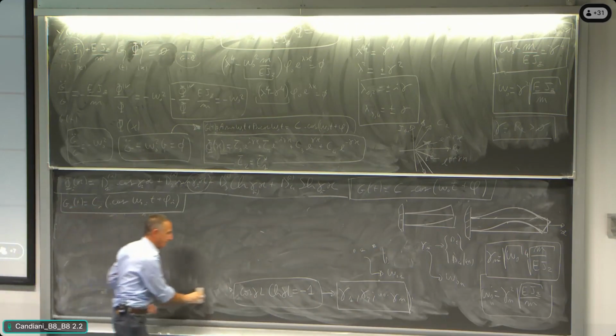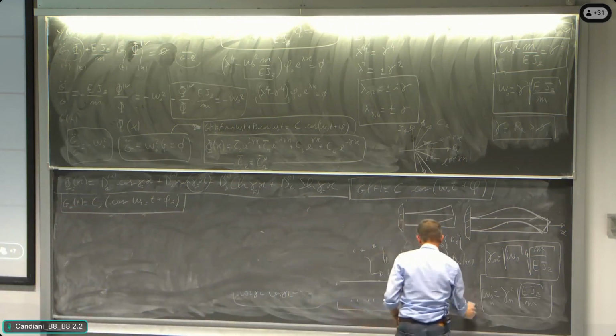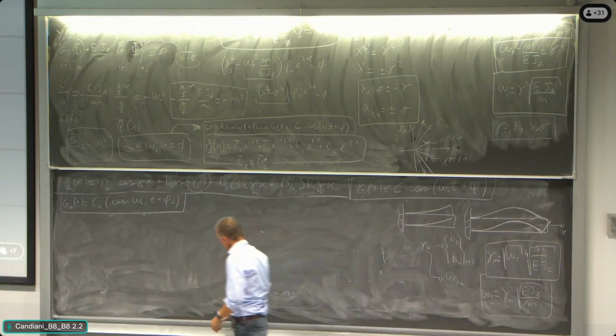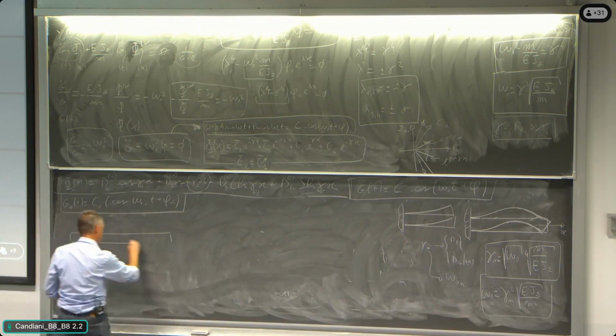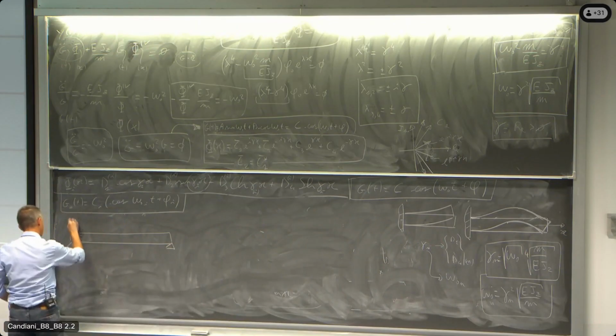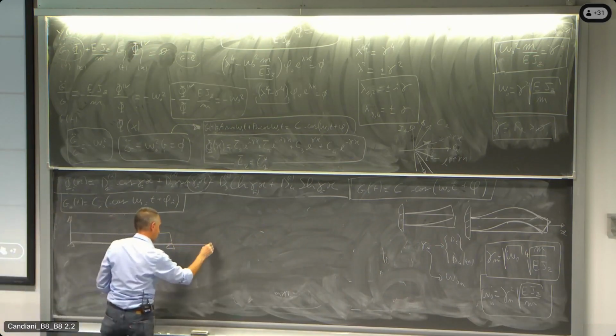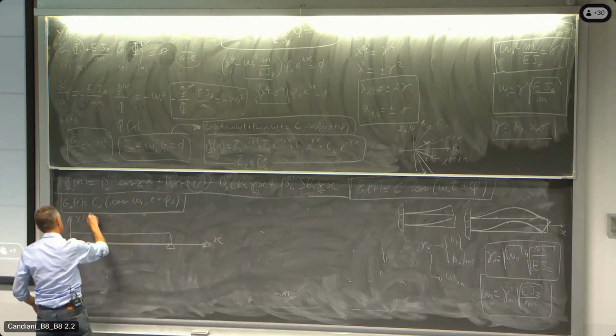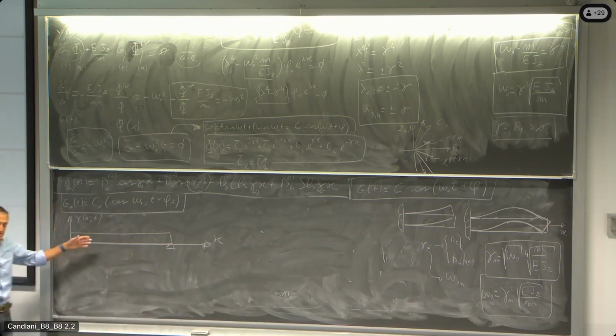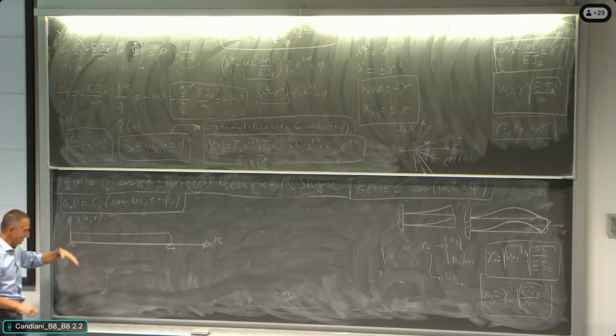Now I give you to do the exercise of making something that is extremely simple. So this is the same beam that we had before, but it is simply supported at the constraints, and so it is absolutely the same problem.